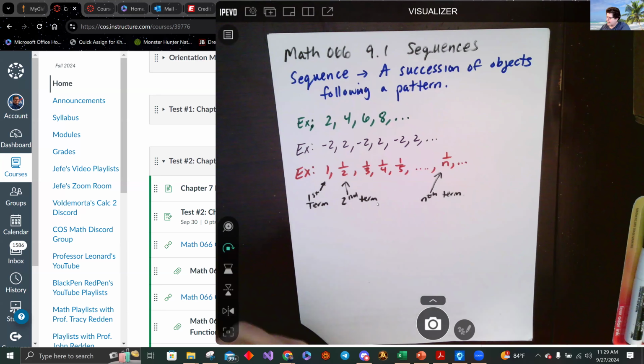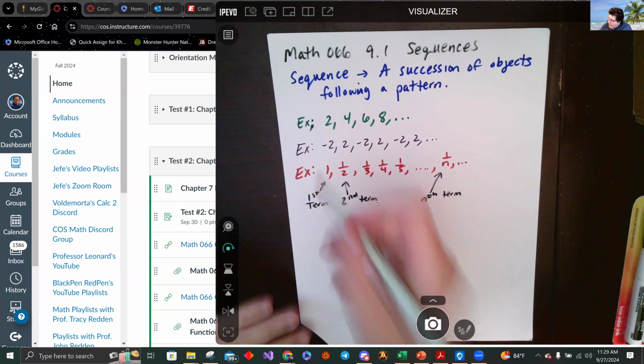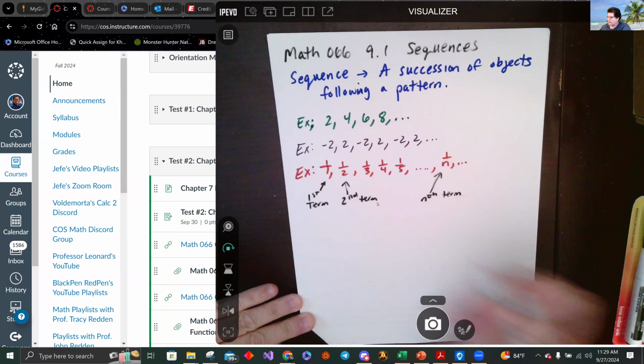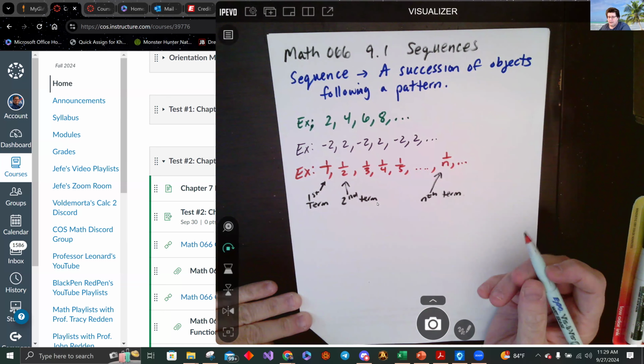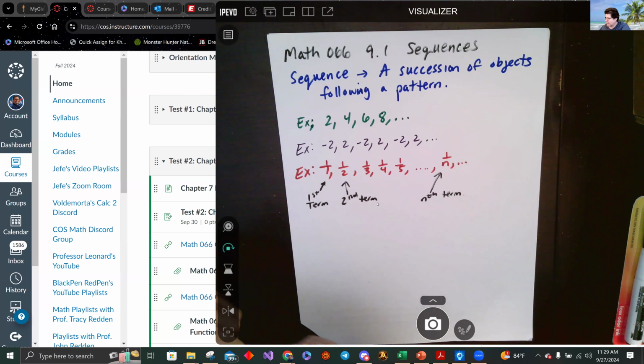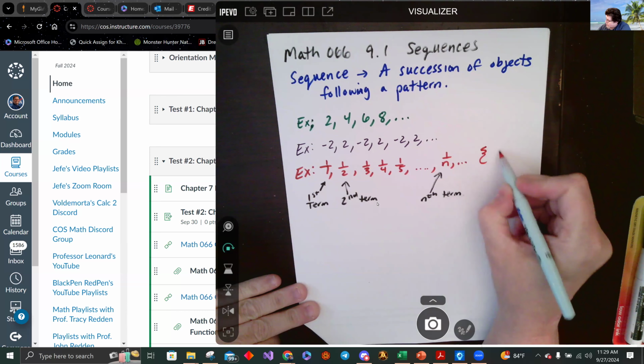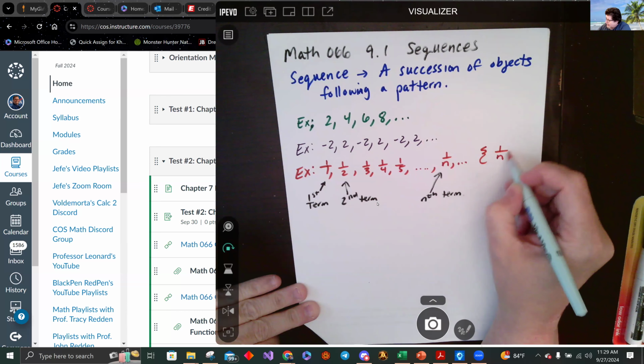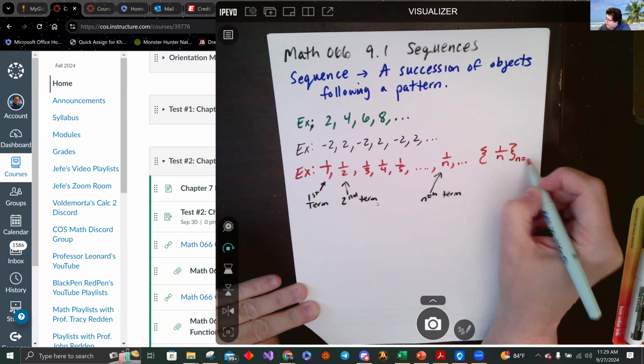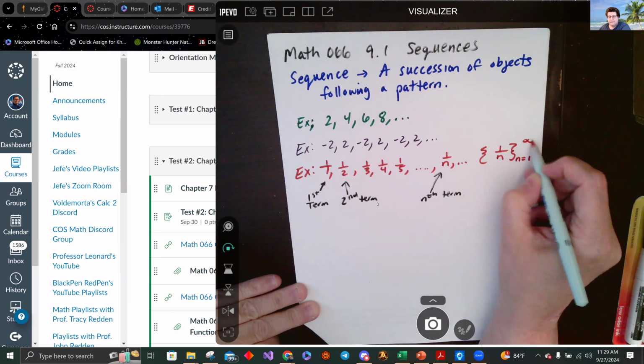So I can take this first one, which is really 1/1, and write this as 1/n, and n is going to go from 1 to infinity.